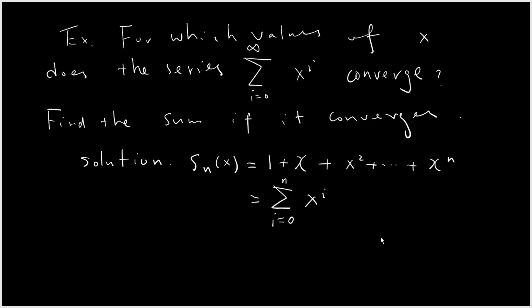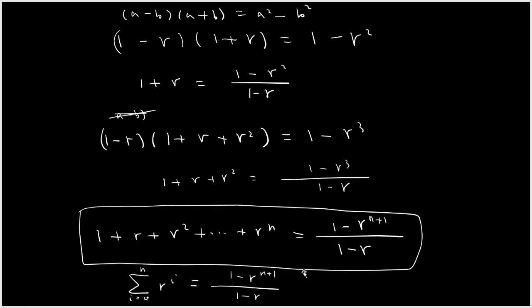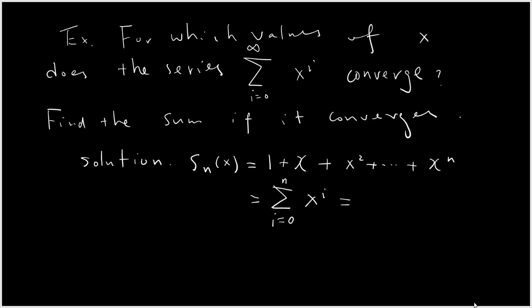Okay, so that's the partial sum sequence, and it's possible to compute that. So do you see, if you know this formula, if you replace r with x, you can compute the partial sum, right? So for this thing, on denominator you have 1 minus x, right? 1 minus r, and on the numerator you have 1 minus x, the whole thing to the power of n plus 1, right?